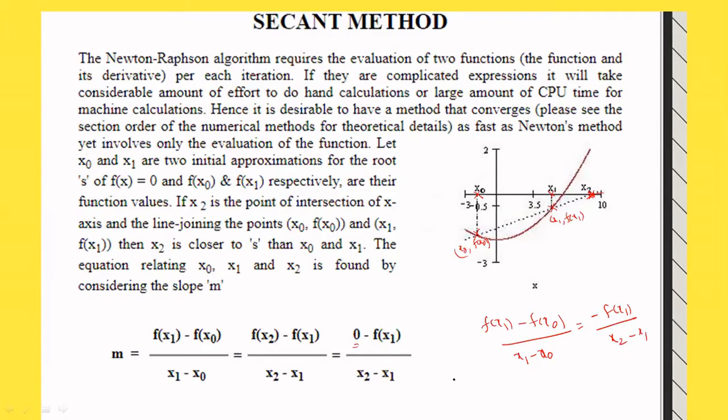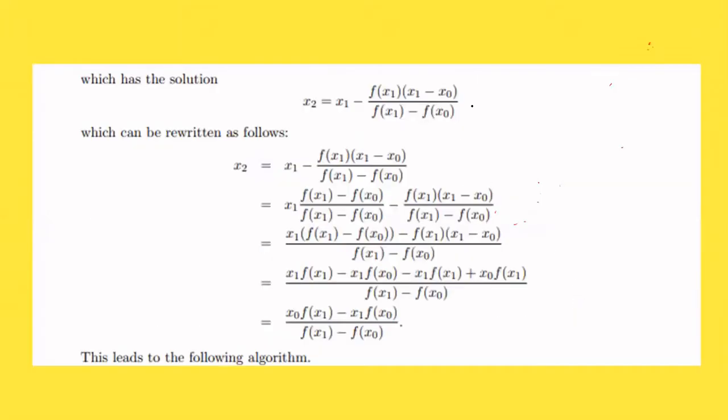From this we can write x2 minus x1 is equal to, by cross multiplication, minus f(x1) into (x1 minus x0) by (f(x1) minus f(x0)).